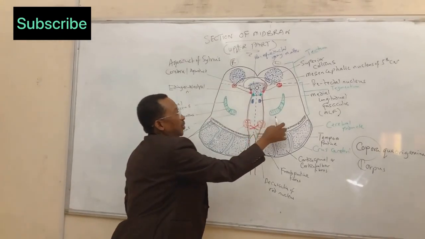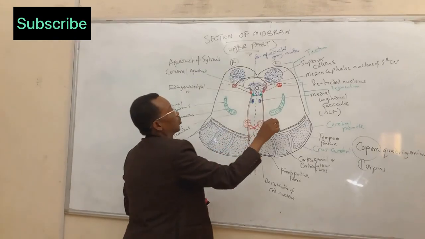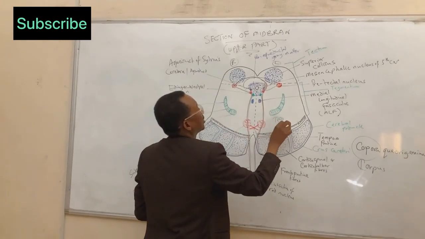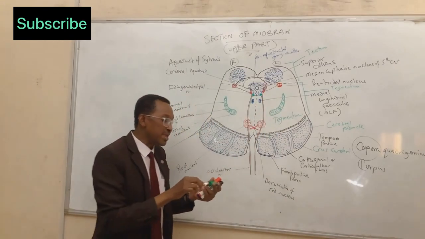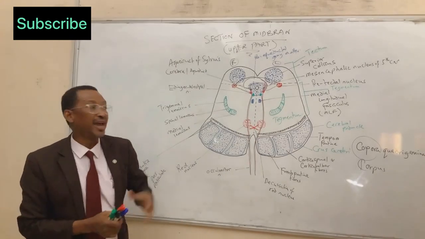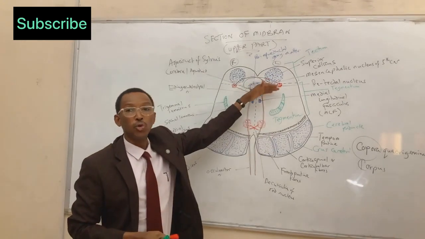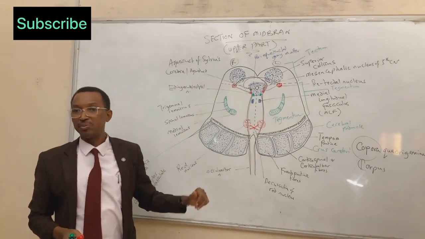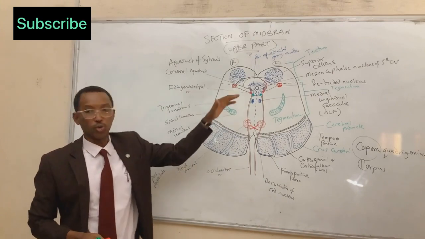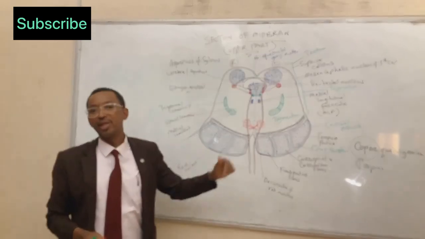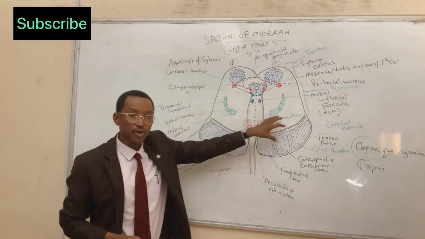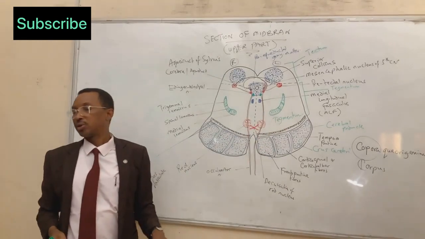While the remaining aspect of the cerebral peduncle is what we call the tegmentum. We call it what? Tegmentum. So anything behind the substantia nigra and anterior to this imaginary line passing behind the cerebral aqueduct is what we call the tegmentum, or tegmental part of the midbrain, while anterior to the tegmentum is what we call the crus cerebri.